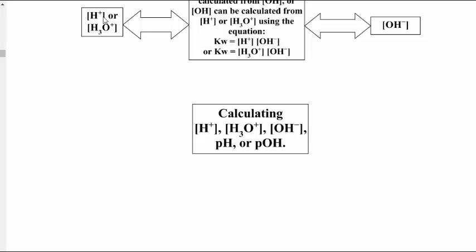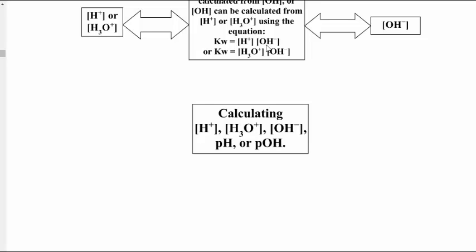So if you have the hydrogen ion molar concentration, when you put any chemical symbol in brackets, what that means is the molar concentration of whatever's inside. So this symbol here in brackets means the molar concentration of hydrogen ions. So if you know the molar concentration of hydrogen ions, you can calculate the molar concentration of hydroxide ions in that same solution using what's here in this box.